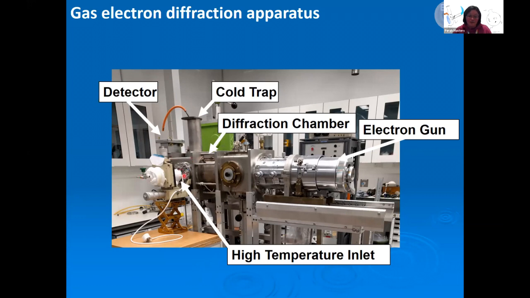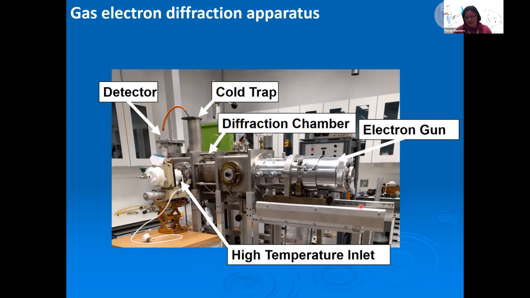And so when our sample comes into the apparatus, once the diffraction has taken place, we can condense our sample onto the cold trap, and that prevents secondary and tertiary diffraction along the electron beam for our scattered electrons. And so this is our equipment. This is how we do it.